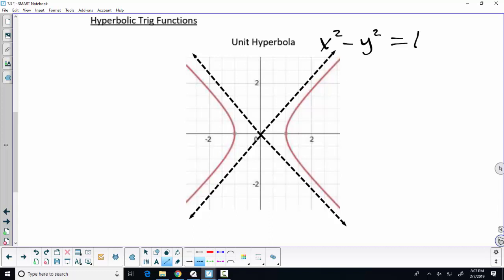Yeah, x equals y, y equals x. So that tells us, in terms of this angle here, if we look at it comparable to the unit circle, I would say, okay, here's a point x, y, and I look at that here.